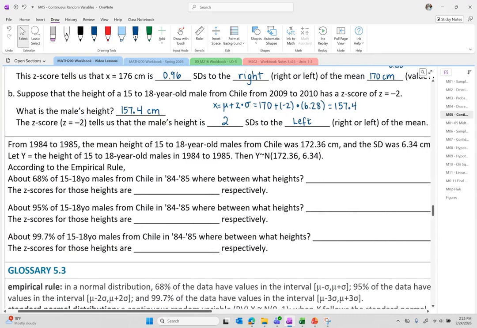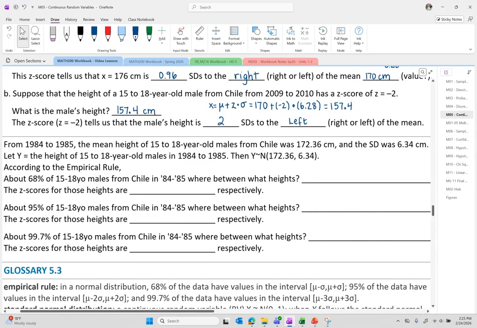According to the empirical rule, about 68% of these heights will be between the mean minus 1 standard deviation and the mean plus 1 standard deviation. So this is what has to go in this interval.